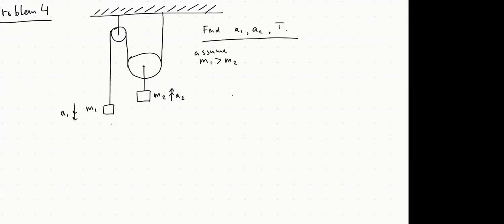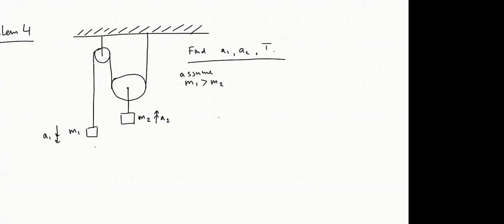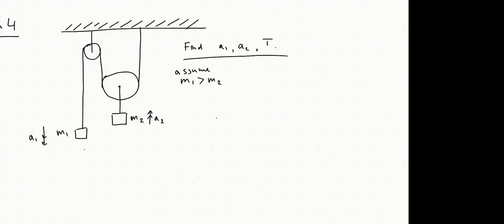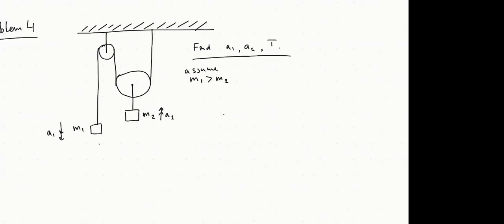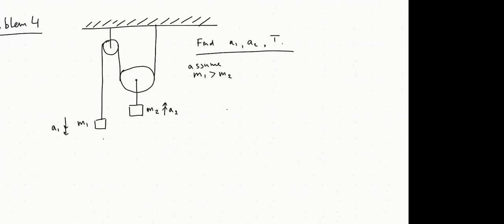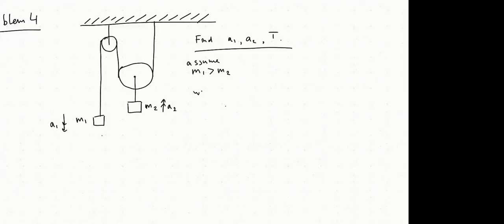These accelerations would be different because the two masses are not attached to the same rope. Let's try to work out a link between A1 and A2.